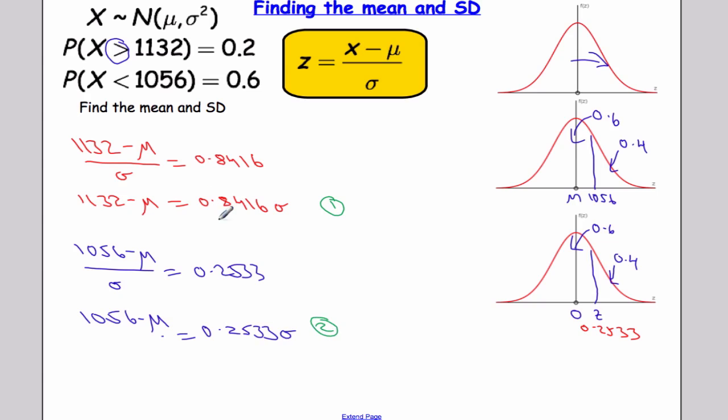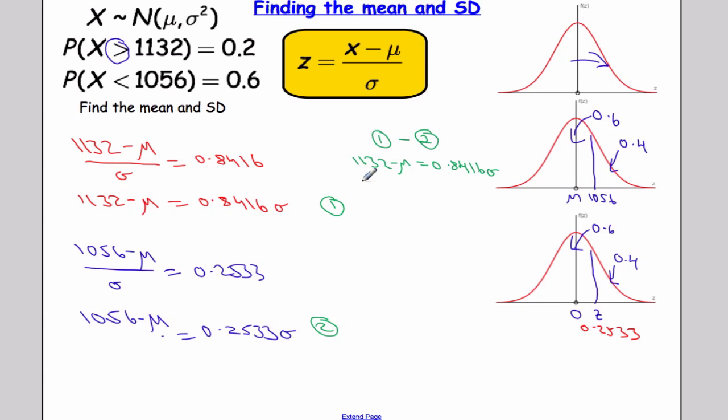So we've got equation 1 here and equation 2 here. Okay, so what I'm going to do is I'm actually going to do equation 1 subtract equation 2. So equation 1 is 1132 minus mu equals 0.8416 sigma.